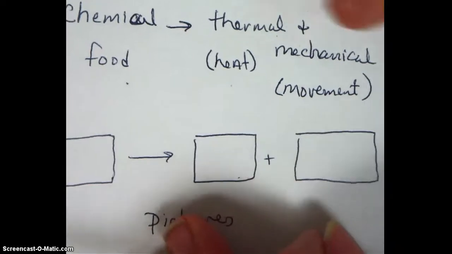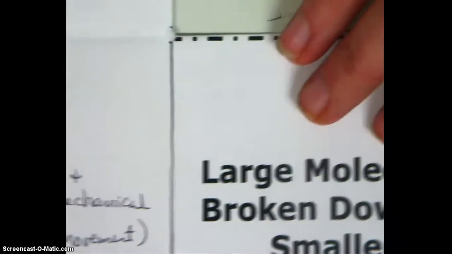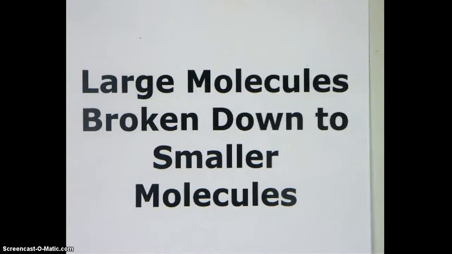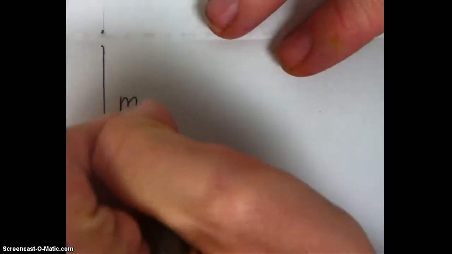Okay? The final thing we're going to look at is a chart that shows large molecules broken down into smaller molecules. So we're going to open our flap, and we're going to write right there. We're going to put macromolecule.